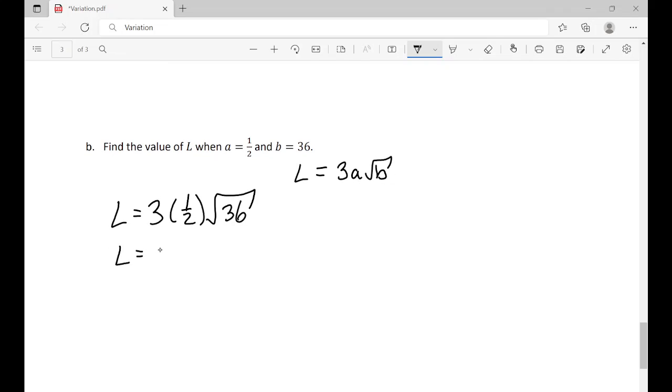So L equals 3 times a half times 6. And then 3 times a half times 6 is going to give you 9. So the solution to this part here is 9.